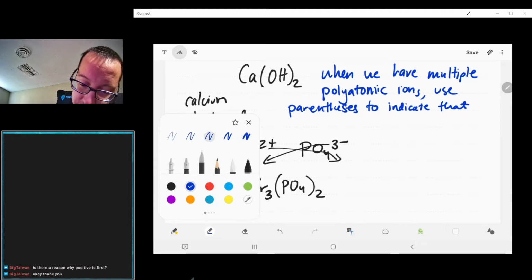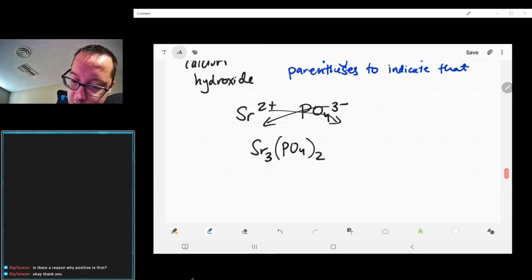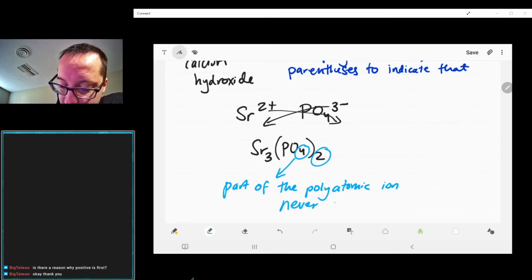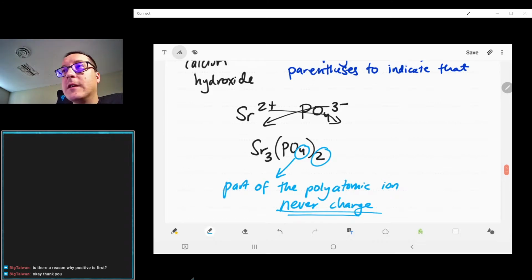It's going to be important for us also to distinguish these two numbers. This 4 is part of the polyatomic ion, and we must never change this. If we're going to have phosphate, which is what that PO43- is, in a compound, we must never change that.